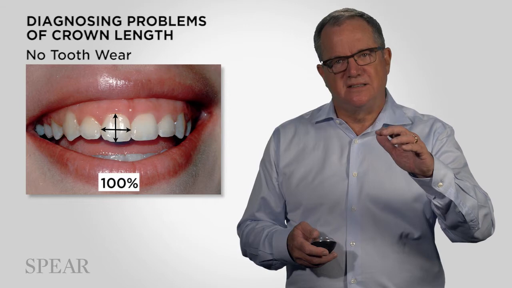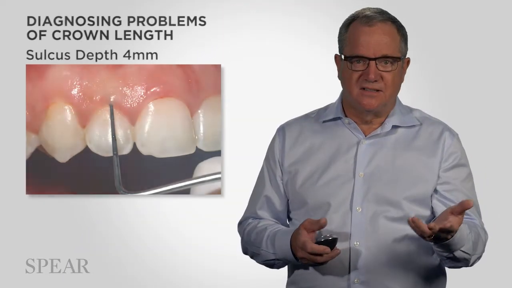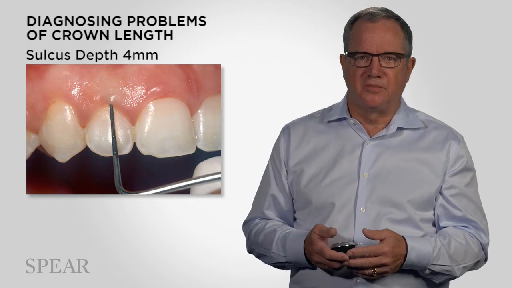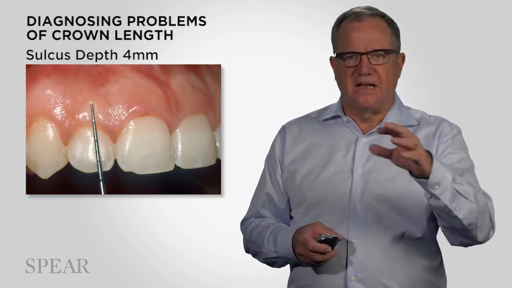What we realize is there's a large portion of this tooth that's still under tissue. So now, in terms of how we diagnose altered passive, altered active eruption, typically we start with a probe of the sulcus. In her case, the sulcus is relatively deep, 4 millimeters. So you would look at that and go, well, this is just an altered passive eruption case.